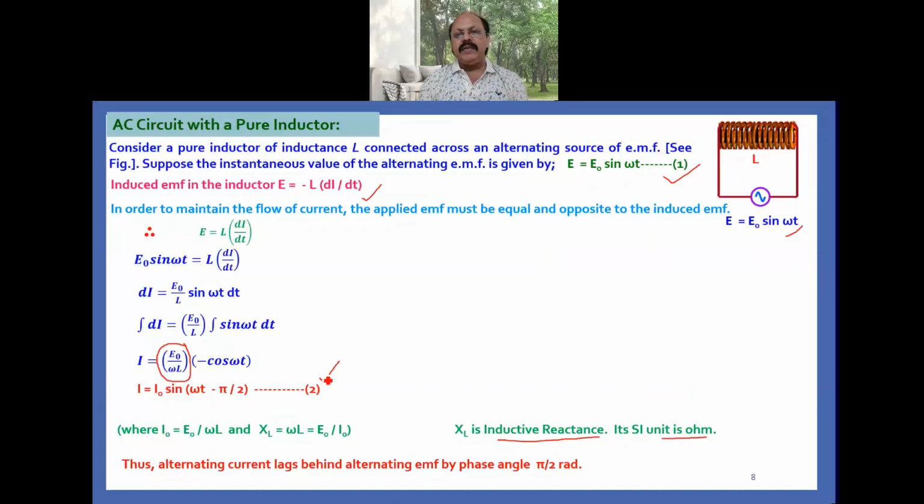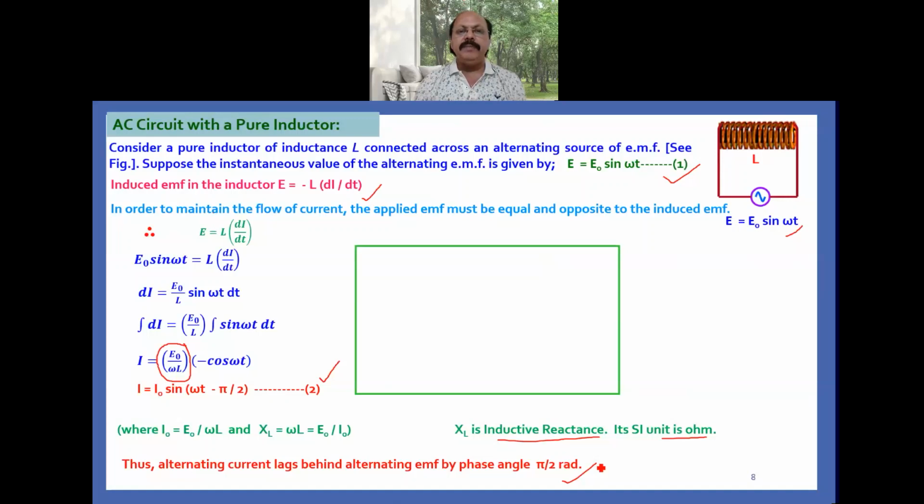In other words, alternating EMF leads the alternating current by the phase angle pi by 2. So both statements are correct.